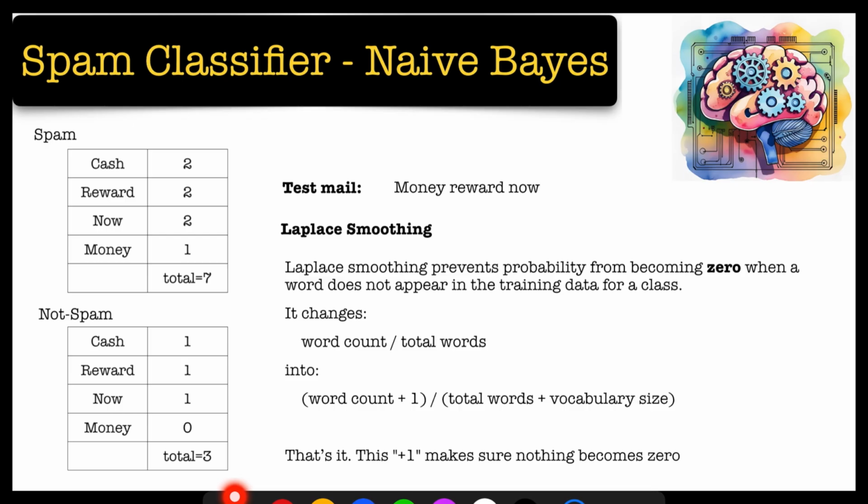Earlier we were taking word count divided by total number of words. Instead of that, it uses word count plus 1 divided by total words plus vocabulary size. Because it is adding 1, this makes sure that nothing becomes 0.